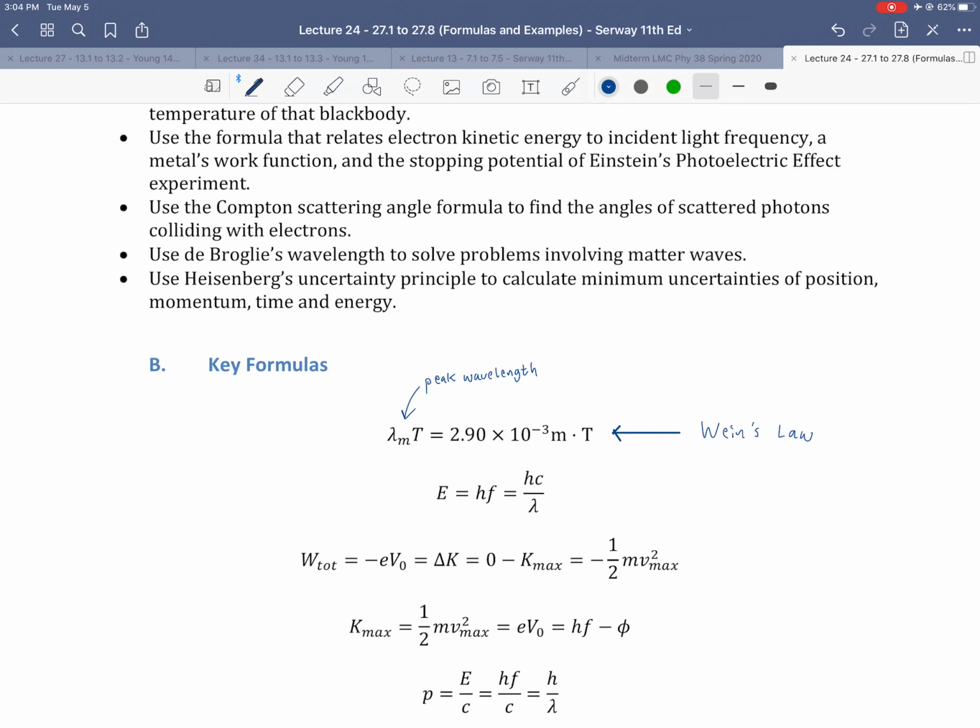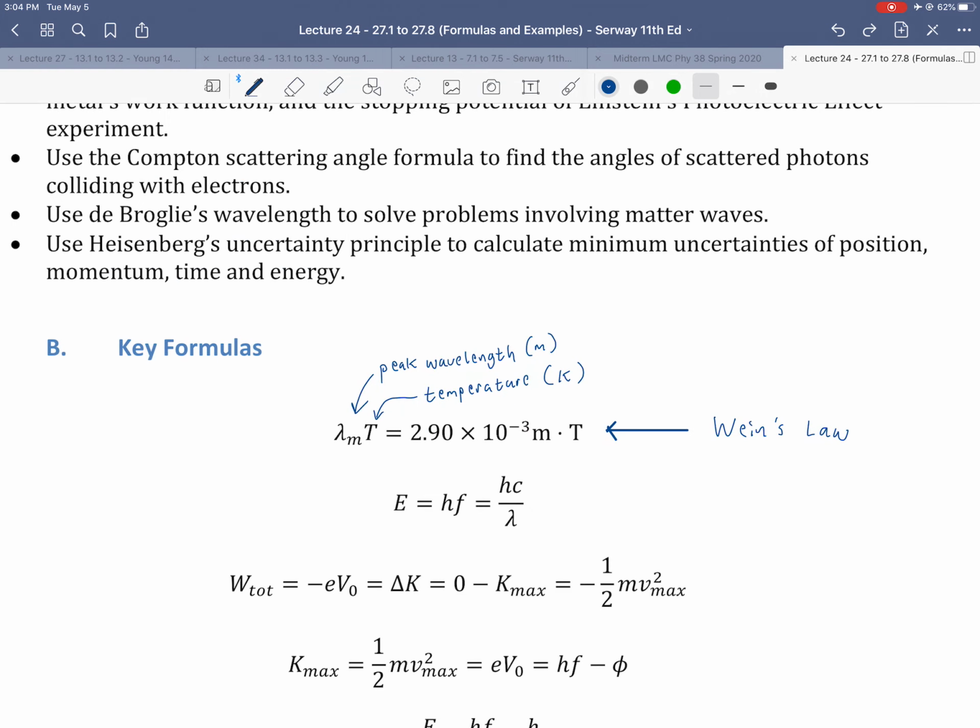And if we look here, we're seeing that the peak wavelength times temperature, and that would be temperature measured in Kelvin. Peak wavelength is going to be in meters. Point that out so you don't assume it's going to be in nanometers. It is going to be always equal to this value. Essentially, it's always equal to a constant.